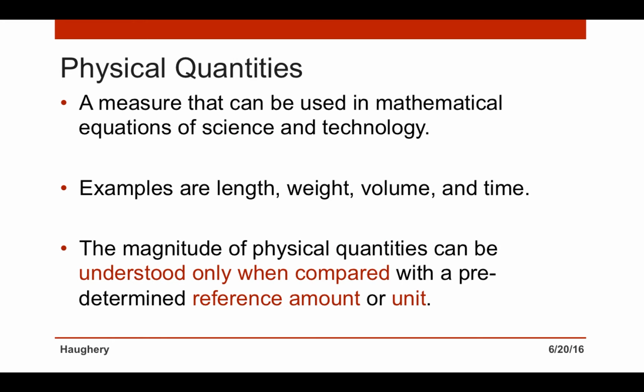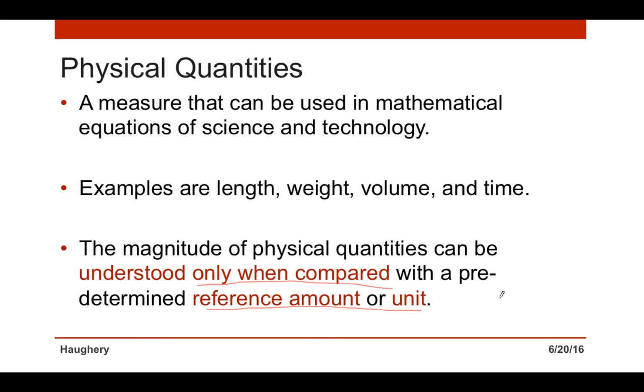So physical quantities are things we can measure and use in mathematical equations, examples being length, weight, volume, time. The magnitude of physical quantities can be understood only when we compare them with predetermined reference amounts, or units.